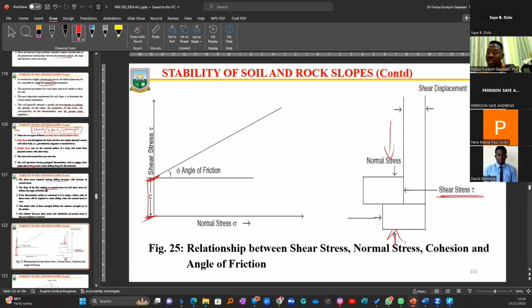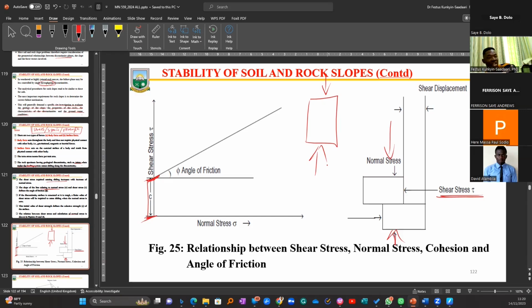So you remember when we did the uniaxial compressive strength test, our body, the schematic diagram, was presented like this, because to every action there's an opposing reaction. And so once there is this normal stress coming down, there will be an opposing force to oppose that force coming down.